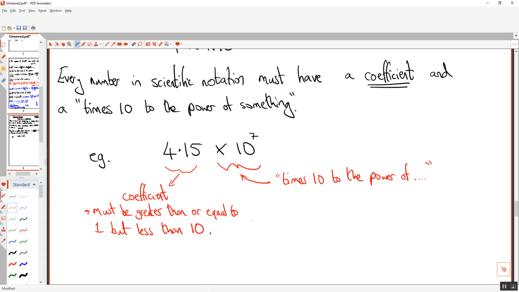So the number at the front must always be bigger than 1, but less than 10. That's really, really important. If it's not, then it's not in scientific notation. The first number has to be between 1 and 10.